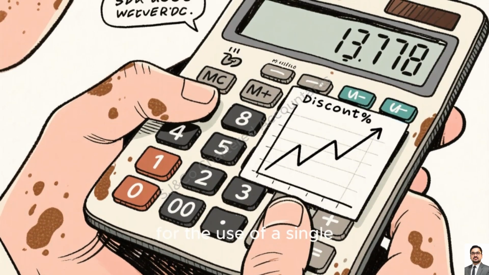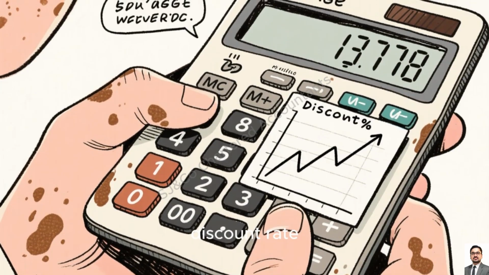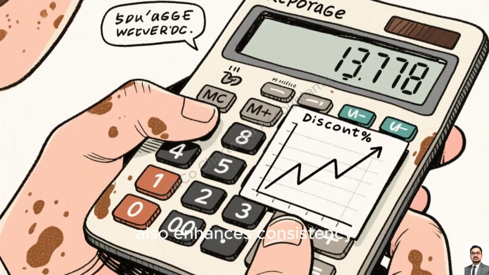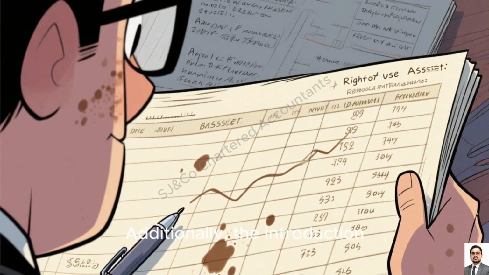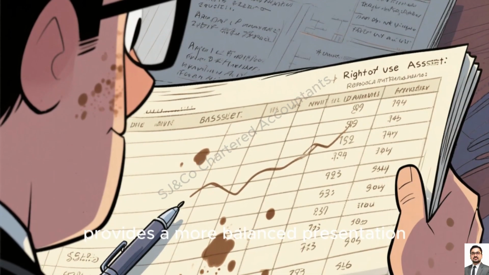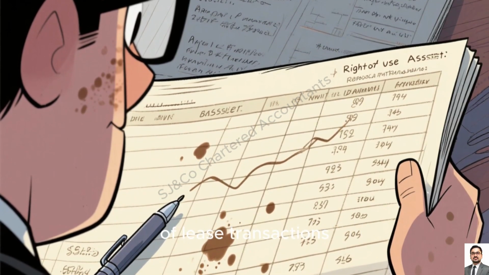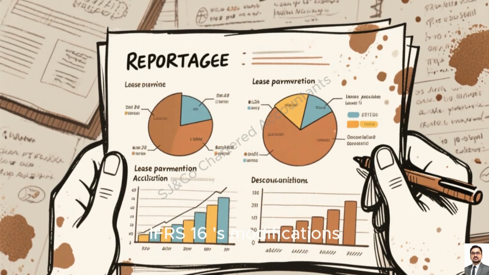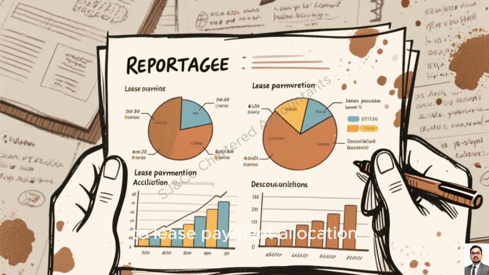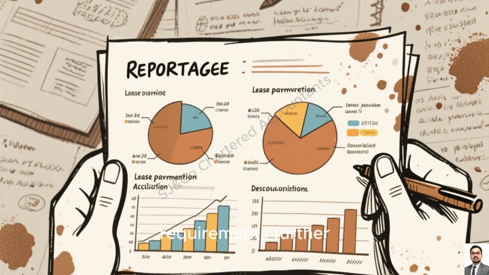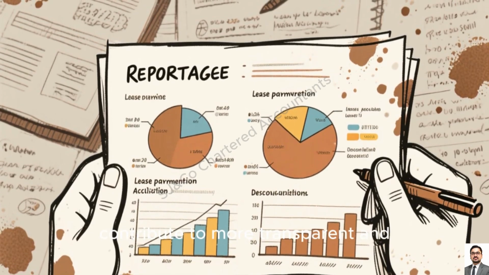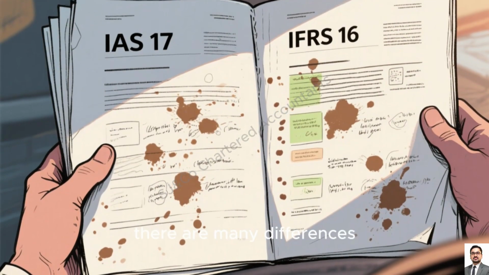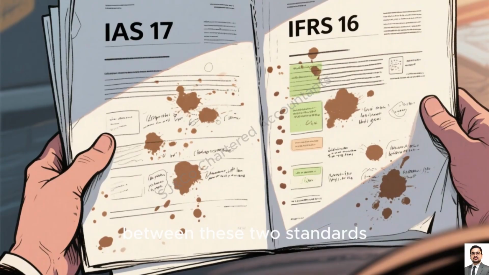Its requirement for the use of a single discount rate, the rate implicit in the lease, also enhances consistency. Additionally, the introduction of the right-of-use asset provides a more balanced presentation of lease transactions on the balance sheet. IFRS 16's modifications to lease payment allocation and its expanded disclosure requirements further contribute to more transparent and informative financial reporting. As you can see, there are many differences between these two standards.